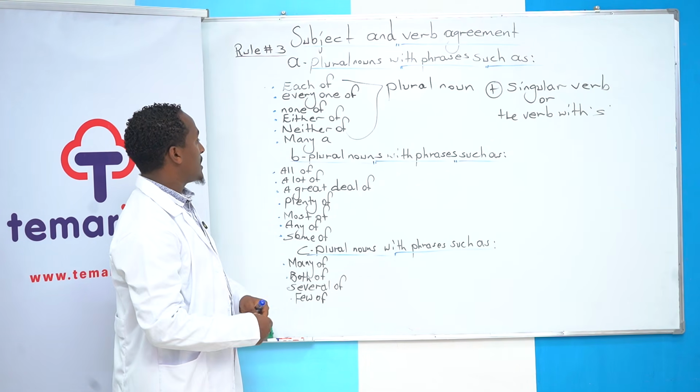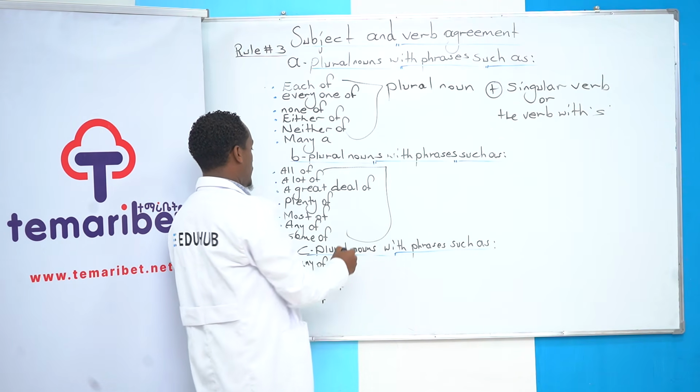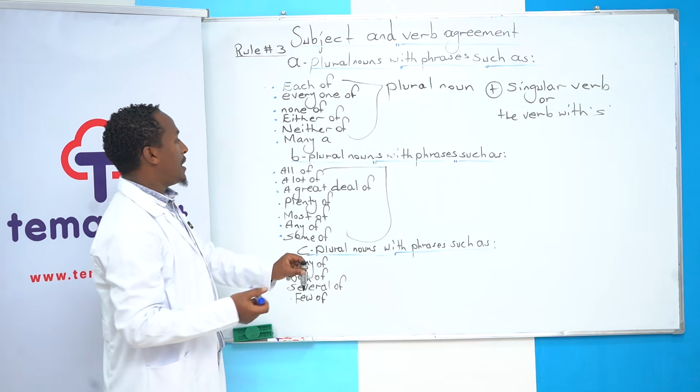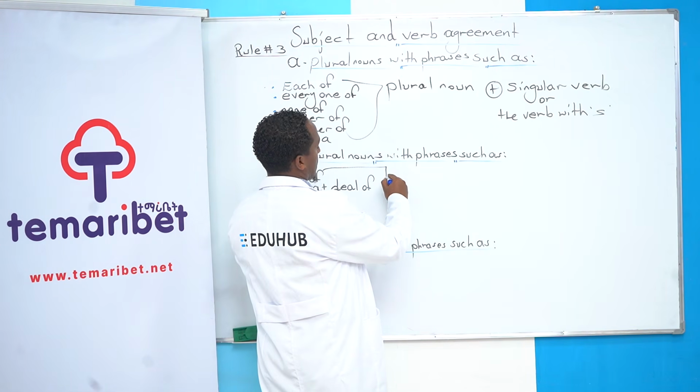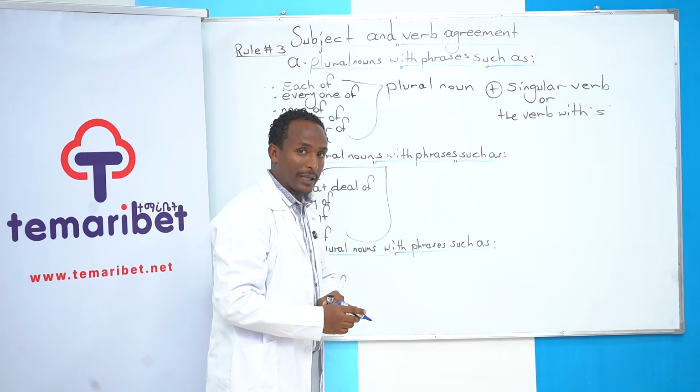The next one is, what if all of, a lot of, a great deal of, most of, any of comes with a plural noun. Now you are going to see whether the noun is countable or uncountable. Why?